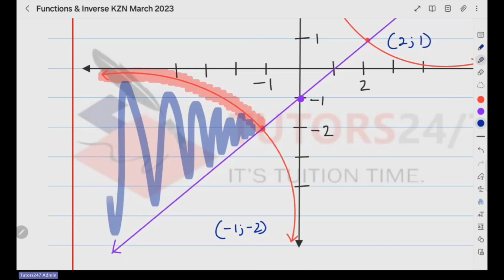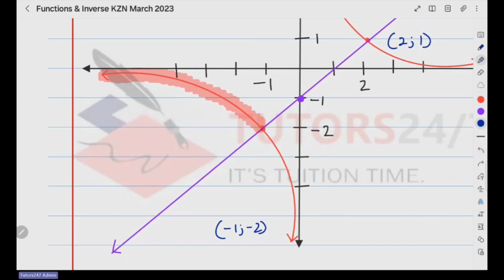The space between the two functions increases. So we now know that to the left of -1 is when f of x is greater than g of x. Or you could say when 2 over x is greater than x minus 1.